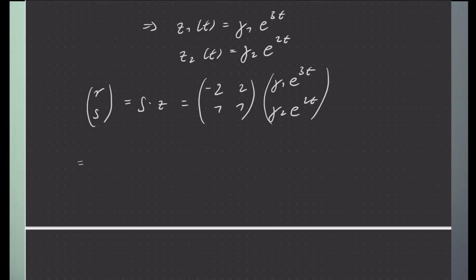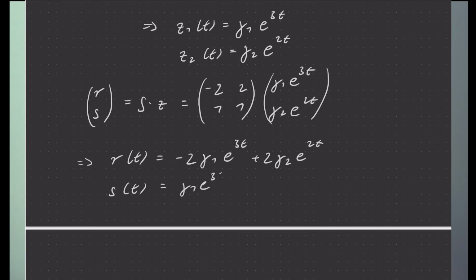So what we get here is the raccoon population is a function of the form R of t equals minus 2 gamma 1 e to the 3t plus 2 gamma 2 e to the 2t. And the squirrel population is a function of the form S of t equals gamma 1 e to the 3t plus gamma 2 e to the 2t.